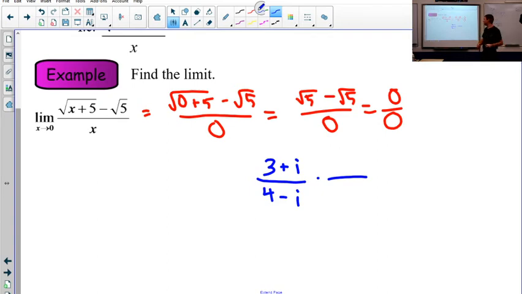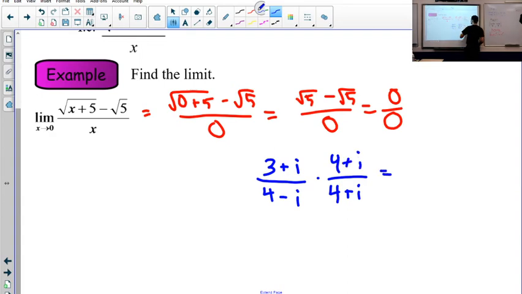And so the way that we're going to get that is through a difference of squares. Difference of squares gives us something squared minus something squared. And so all that will be left is the number squared and i squared. So we want to multiply by what's going to make this work out: 4 plus i.